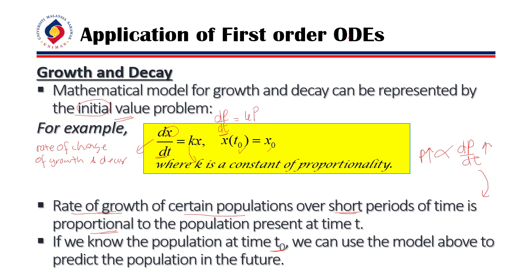Maybe we can predict the population for the future, how many children this woman can give birth to, maybe within 5 or 6 years. It depends on whether this woman is taking birth control. It depends.